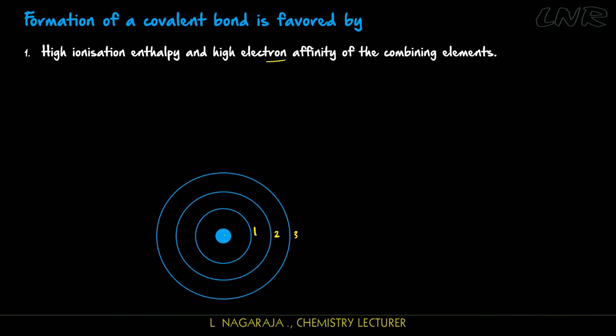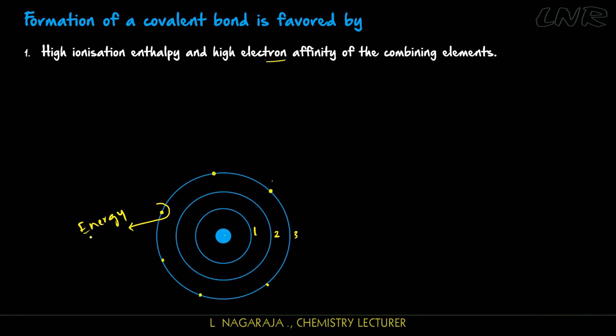Ionization enthalpy is nothing but the amount of energy required to remove an electron present in the outermost orbital. For example, let us say these are the electrons present in the outermost orbital. In order to remove one electron from the valence orbital, it requires energy, right?